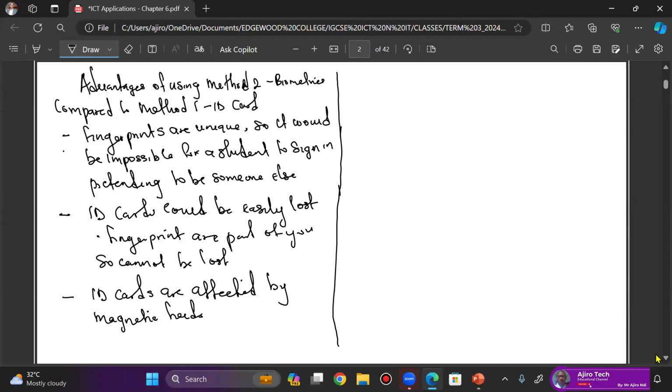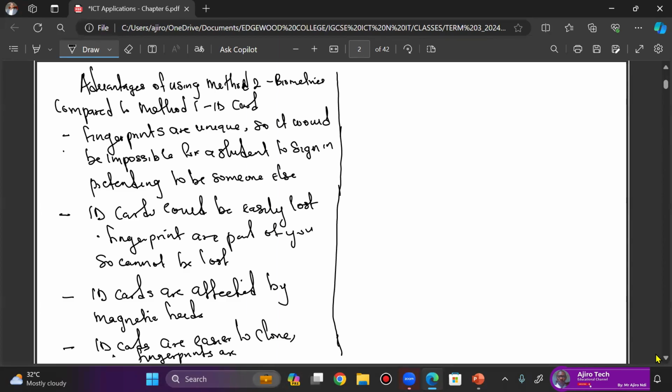Another one we'll talk about is that ID cards are easier to clone. But with fingerprints, they are difficult to forge.